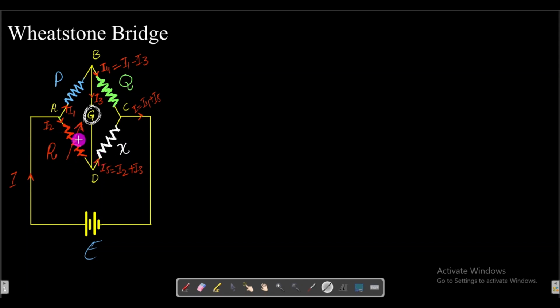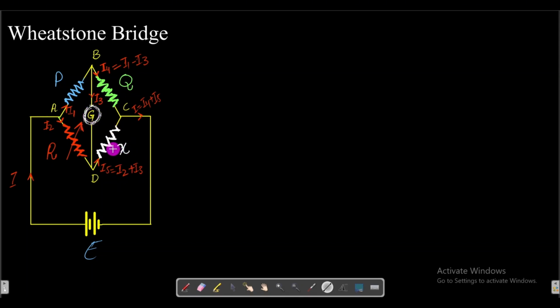So let's say we have the four resistors. The one is P, whose value is known. Here is Q, its value is also known, and the value of R is known, but we will vary that according to our purpose, in order to achieve the balanced bridge, meaning in order to zero the current which is passing through this galvanometer.